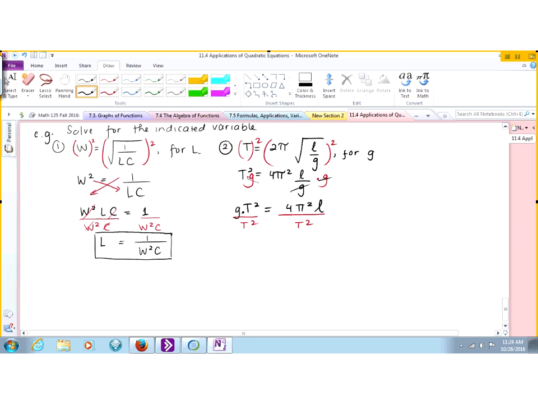So G is equal to 4 pi squared L over T squared. Yes, no? Okay.